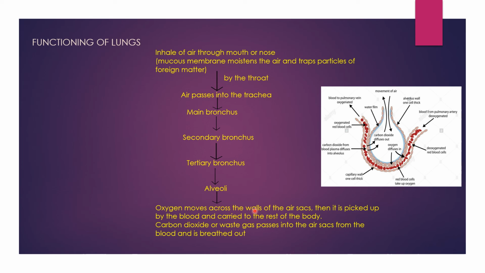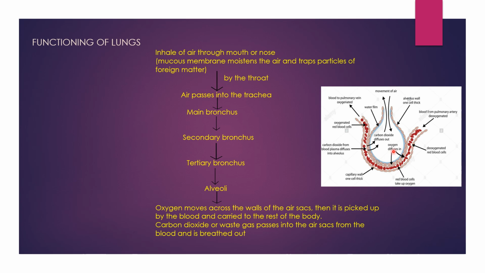Oxygen moves across the walls of the air sacs. Then it is picked up by the blood and carried to the rest of the body. These are the blood cells.